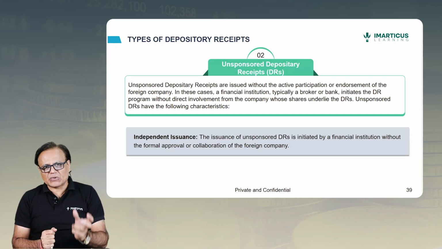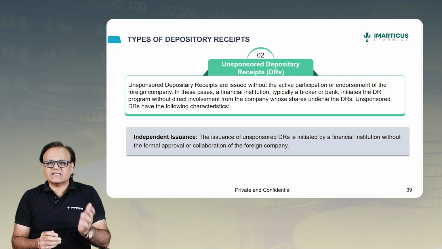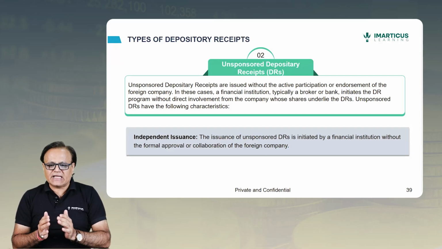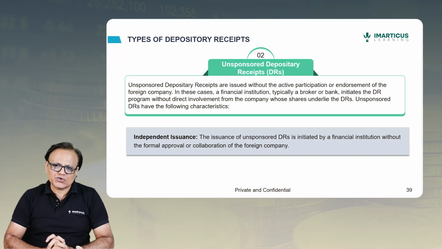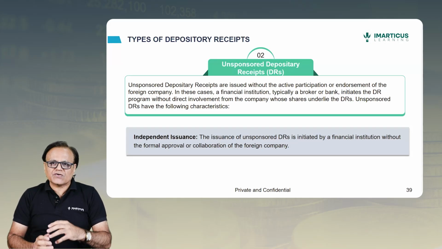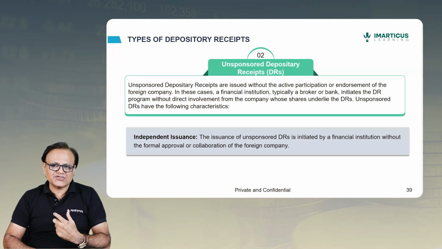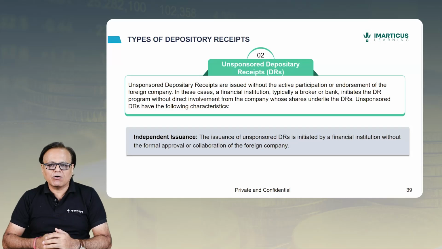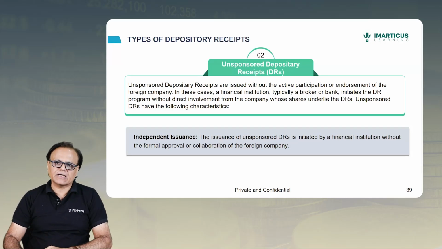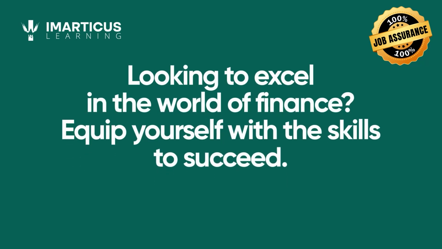It's only the depository bank that is issuing these DRs and enabling trading and settlement of these DRs. There is no involvement whatsoever of the company that has issued these shares. The issuance of the unsponsored DRs is initiated by a financial institution without the formal approval or collaboration of the foreign company.